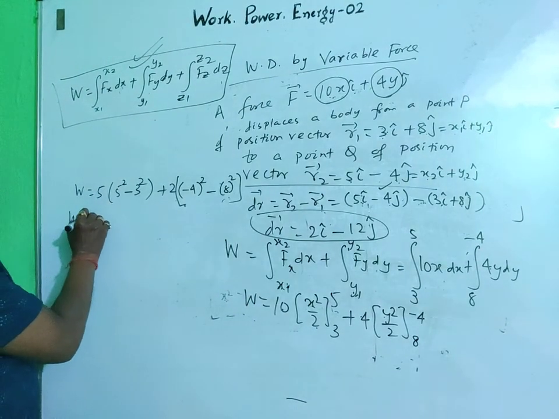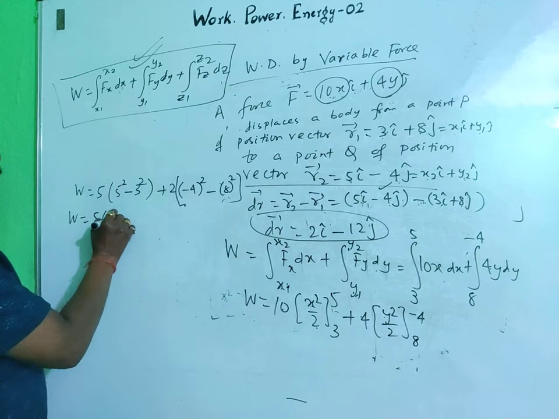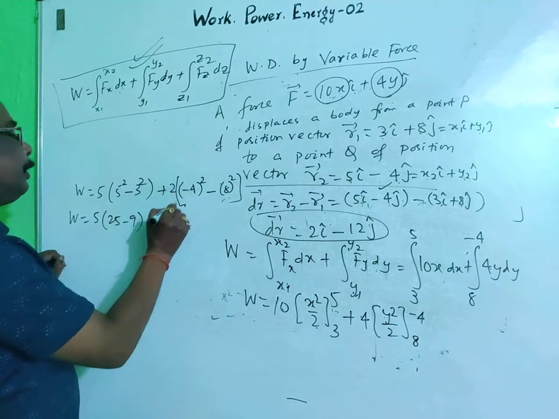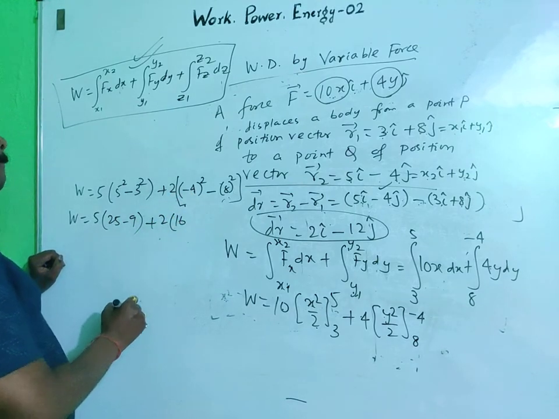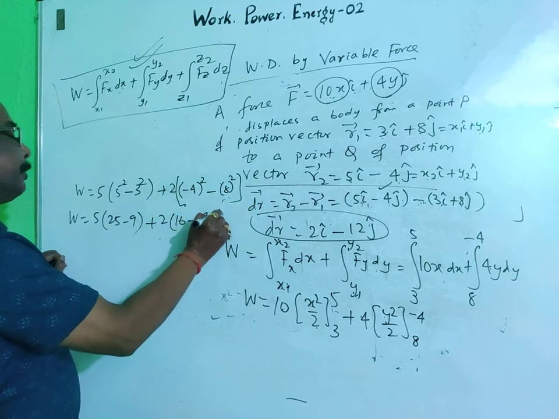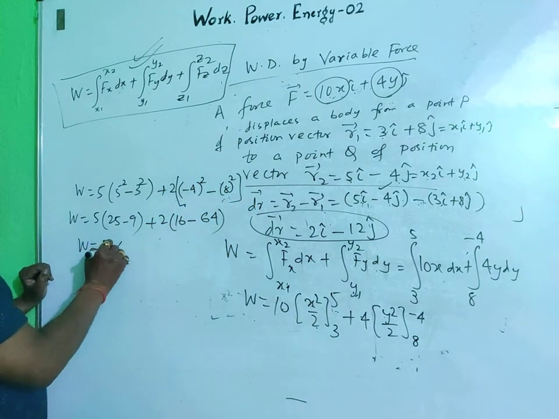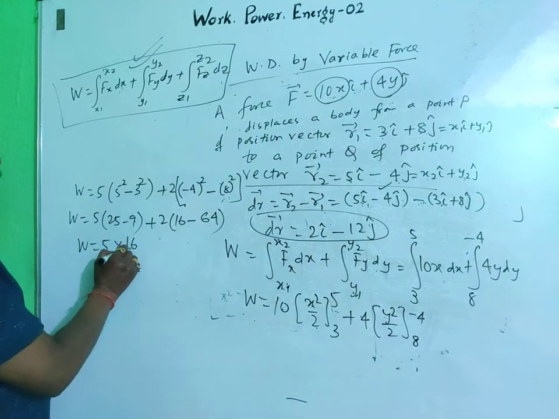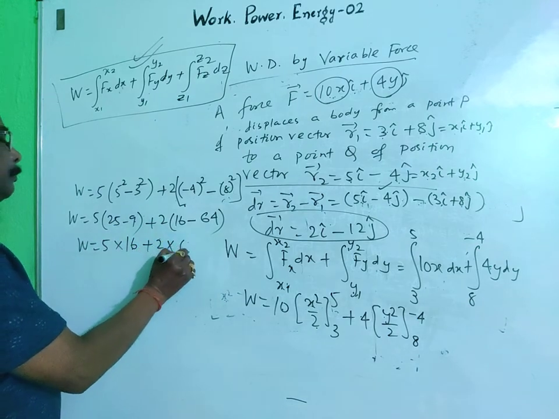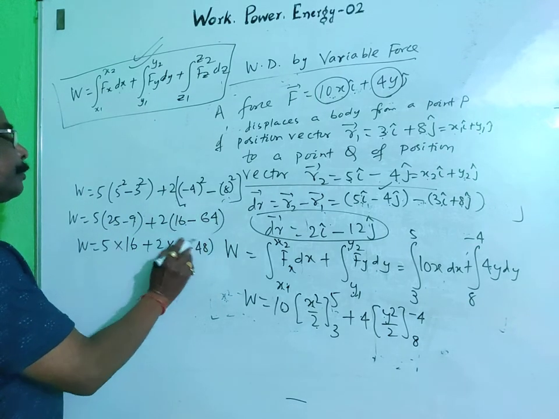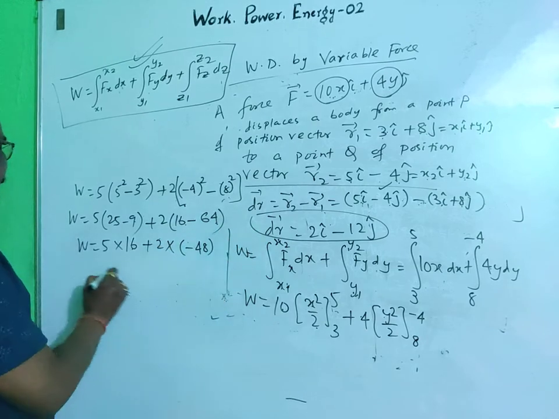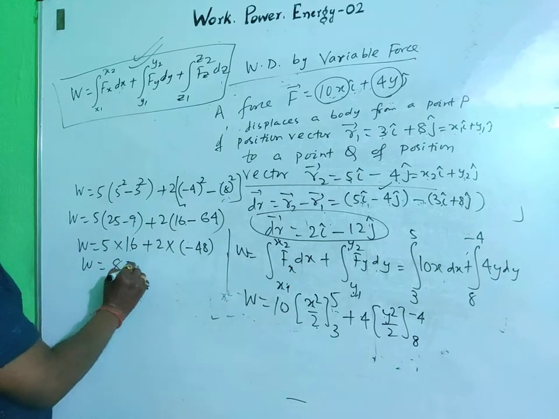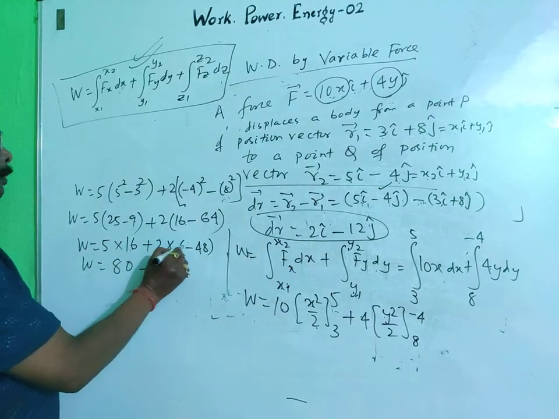Then work is equal to 5 into 25 minus 9, plus 2 into 16 minus 64. 25 minus 9 is 16, and 16 minus 64 is minus 48.